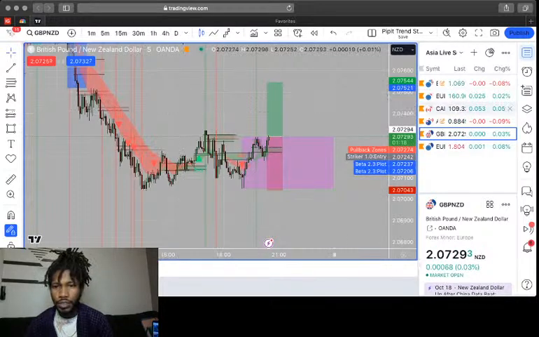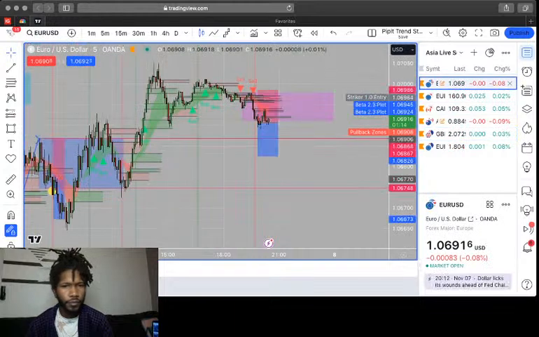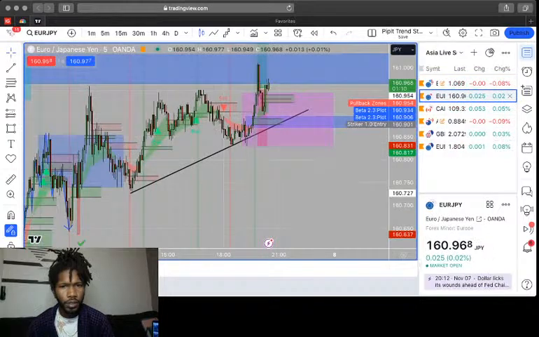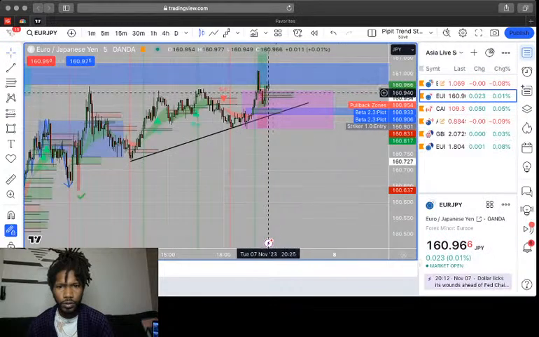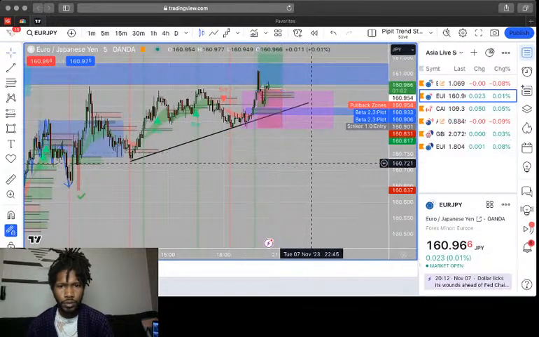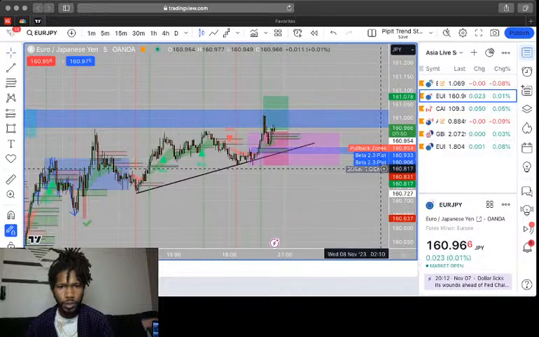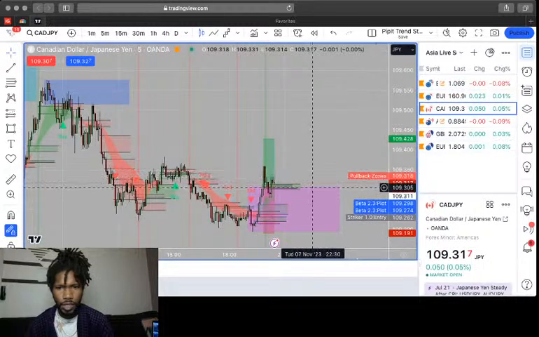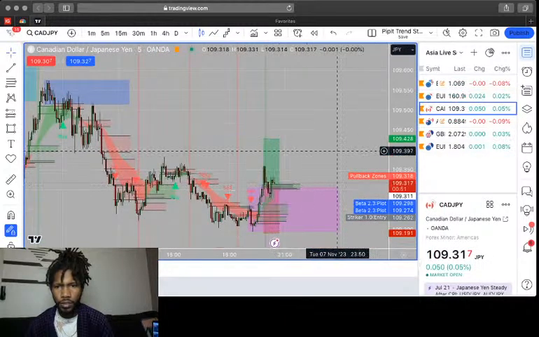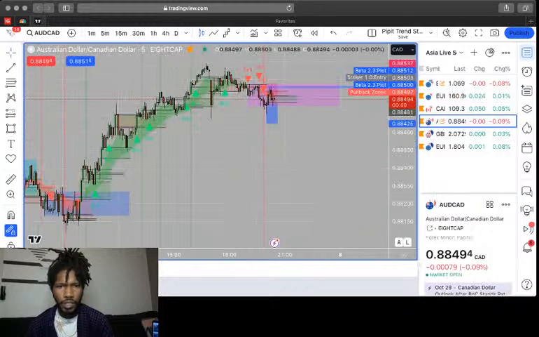Alright, so right now this is what we have. We have EU to the downside, EJ to the upside, CAD-J to the upside, AJ to the downside.